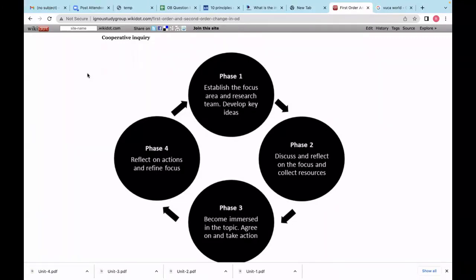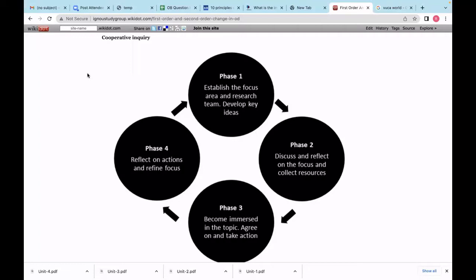Phase 2, right? Now I need to collect resources. I'm collecting data related to what exactly the problem statement is. And then after collecting data, you found you don't have to do anything, or you have to do something.